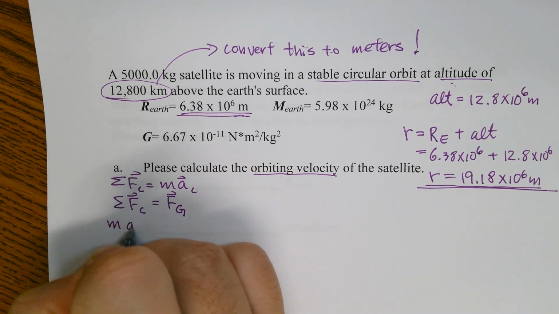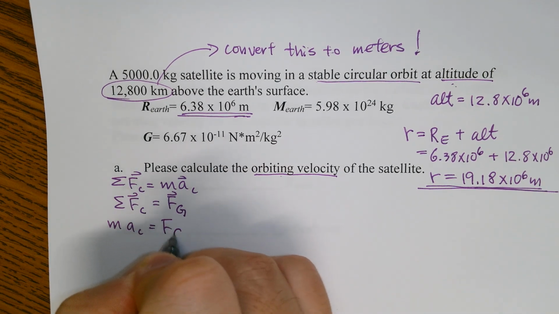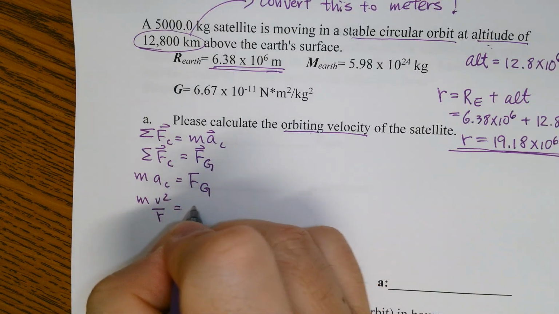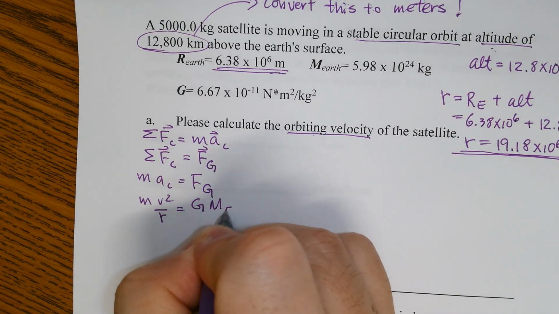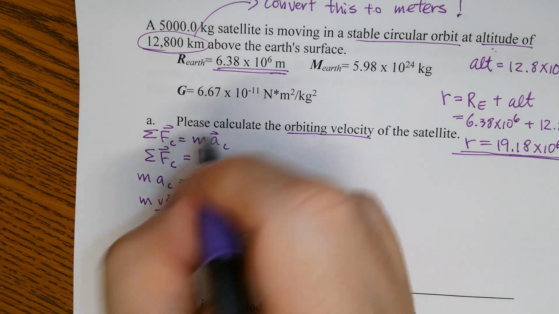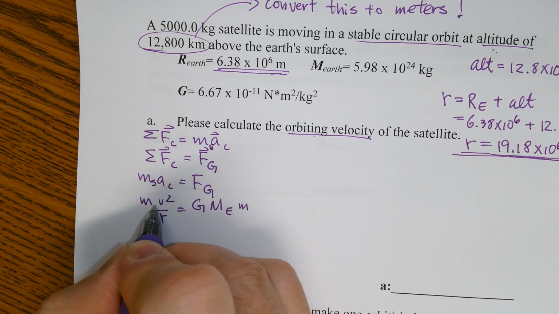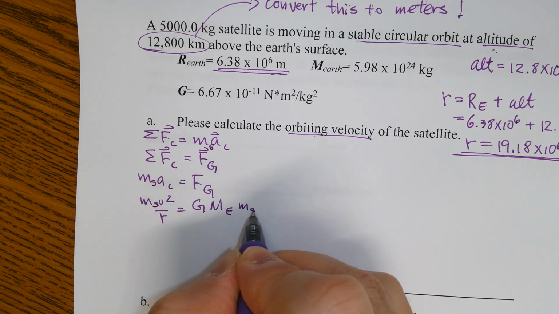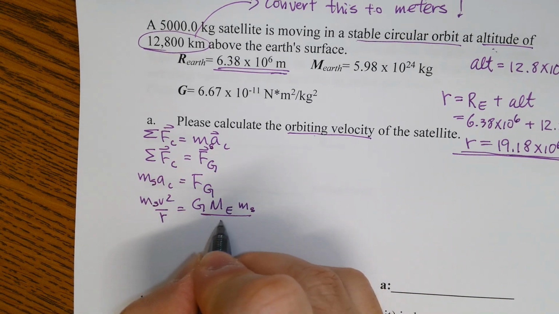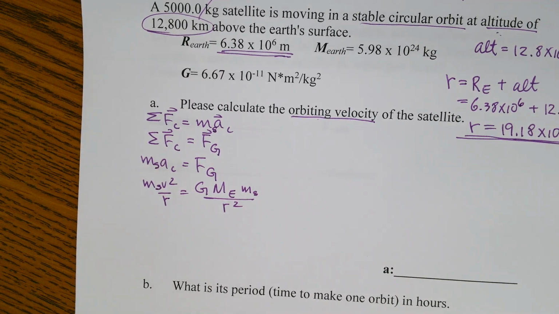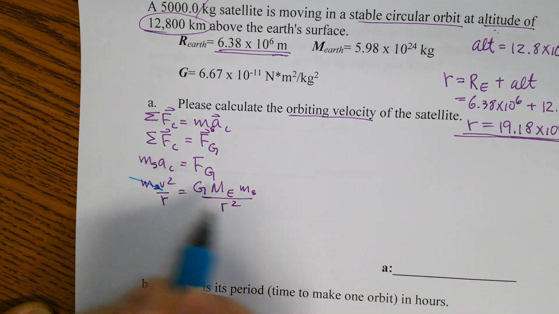So MAC is equal to big F G. So MV squared over R is equal to G times the mass of the Earth times the mass of the satellite over R squared. Look what happens to the mass of the satellite. Boom, boom.